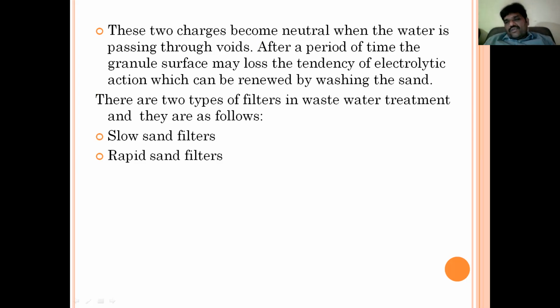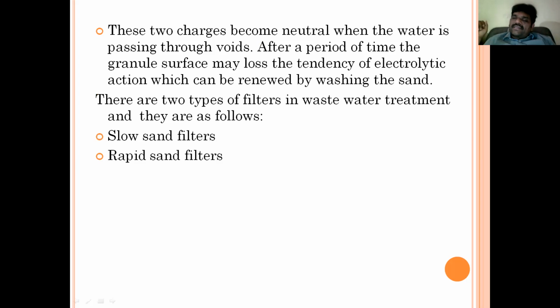See here, there are two types of filtering media in this treatment of water. The first one is slow sand filter. In sedimentation, we removed all the settled particles.